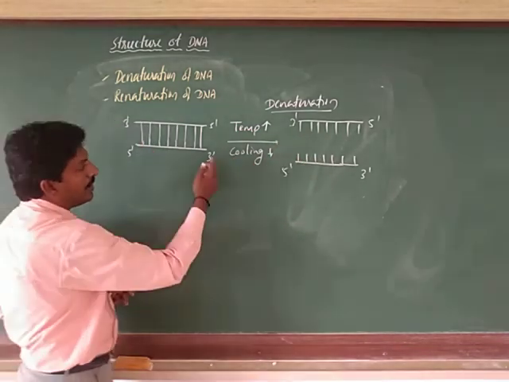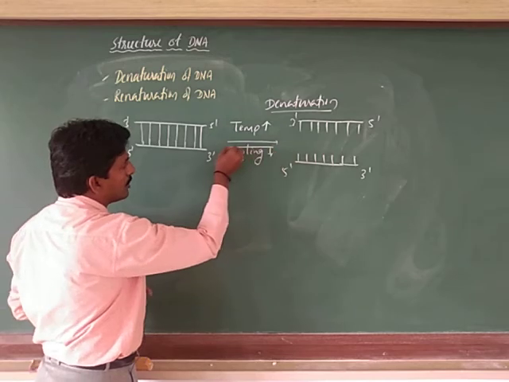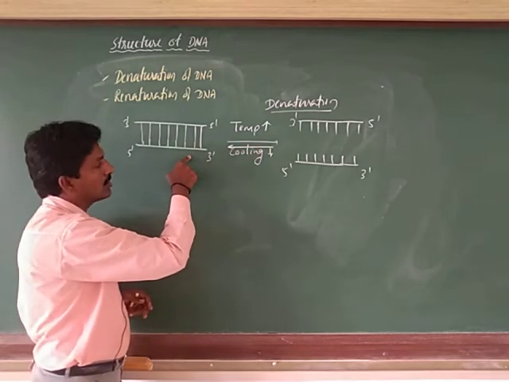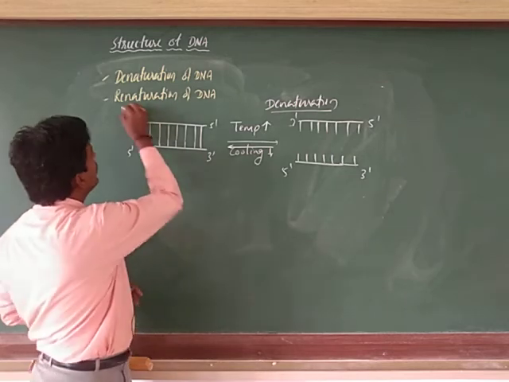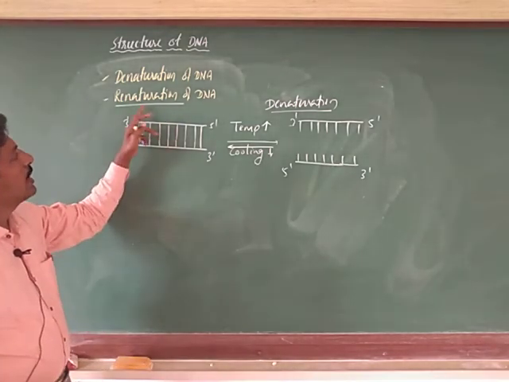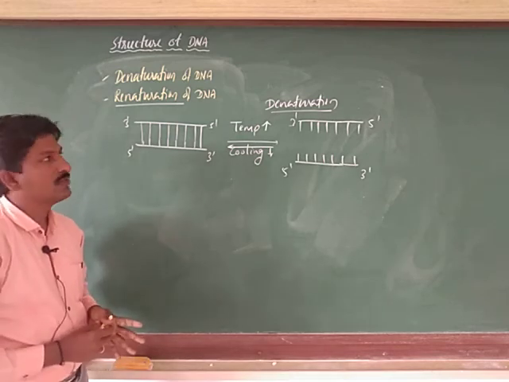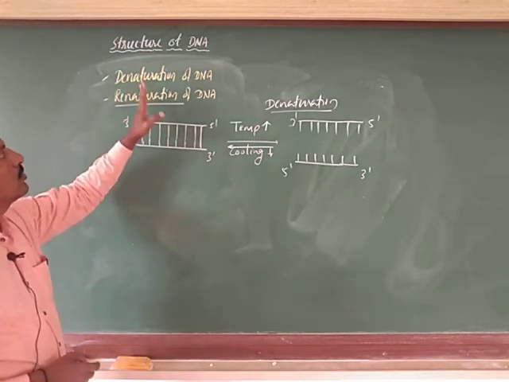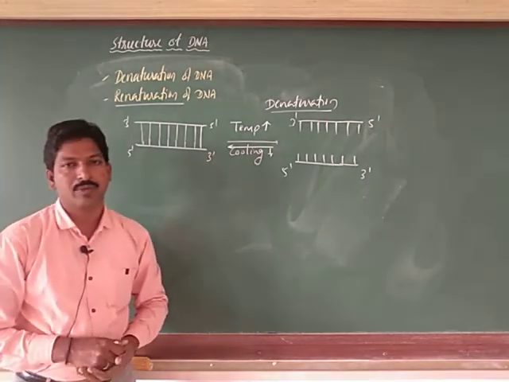And when we cool it, what happens? This will get joined again, the hydrogen bonds are formed again. So that is called renaturation of DNA. So this phenomenon is referred to as denaturation and renaturation. This is also one of the properties of DNA which we observed.